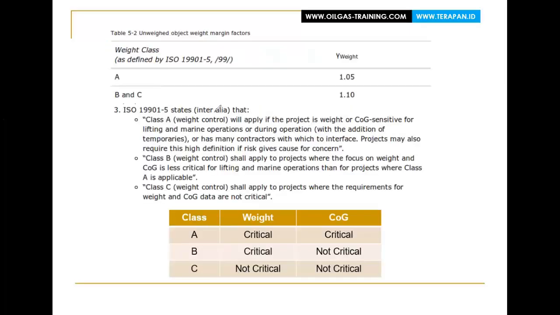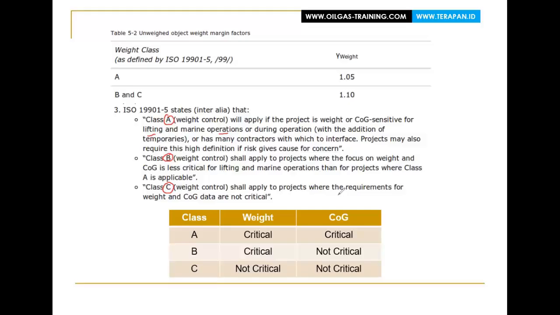When we create a weight control report, there is Class A, Class B, and Class C. If it is Class A, we are very concerned about changes in COG for lifting operations. But if it's B, we might only focus on the load control, but not consider the COG.